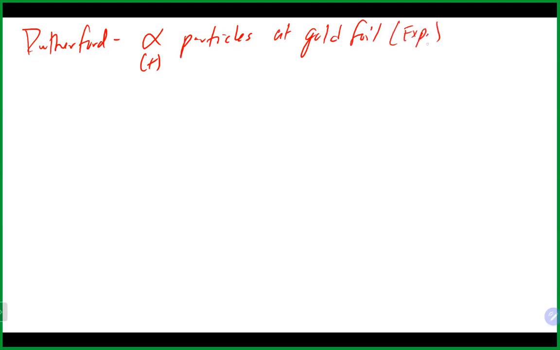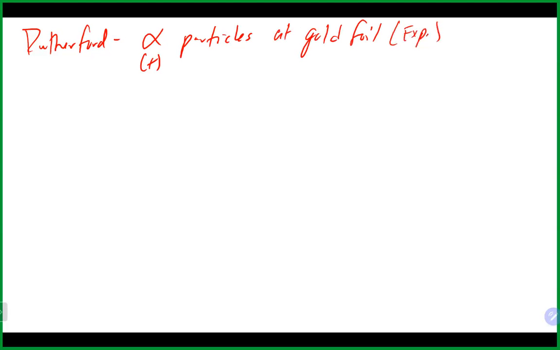Rutherford basically shot alpha particles, which are positively charged particles, basically helium particles, at gold foil, hence the name, the gold foil experiment.